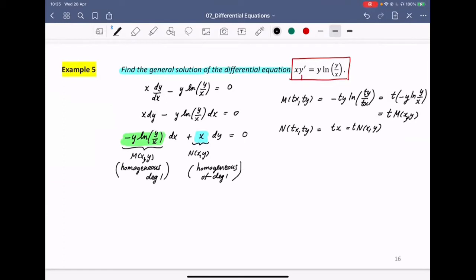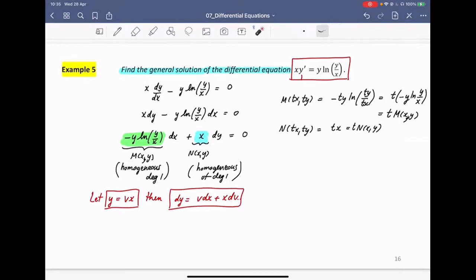Once you know that this is homogeneous of degree 1, you just let y equal to vx. Then you have dy equal to v dx plus x dv. The theory says that once you do this substitution and plug it back into the original equation, it's guaranteed to give you a separable equation.